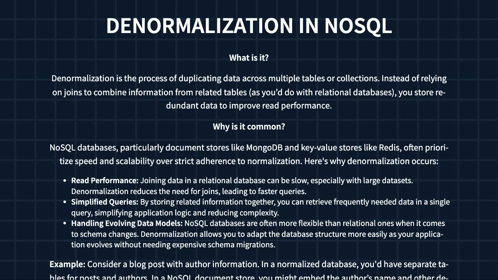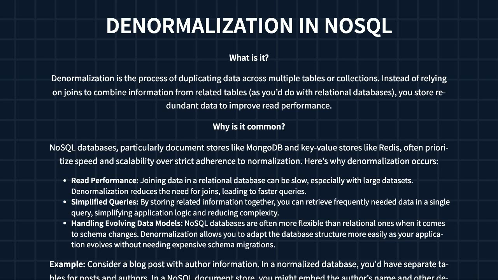Okay, let's talk about denormalization. It's a really important concept to understand when working with NoSQL databases. Basically, it's about intentionally duplicating data instead of relying on complex joins like you would in a traditional relational database. This happens because NoSQL databases are often designed for speed and scalability, and that means prioritizing fast reads over perfectly normalized data structures.